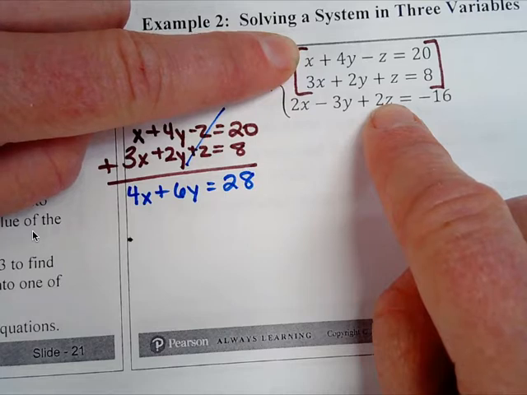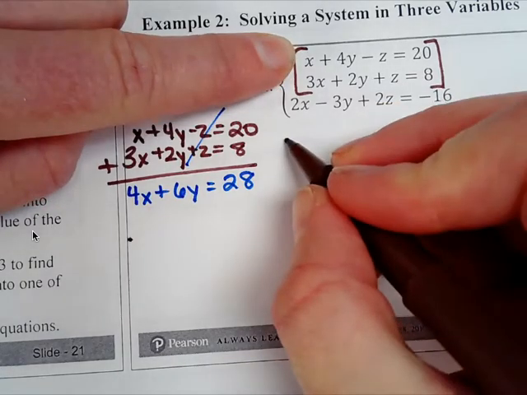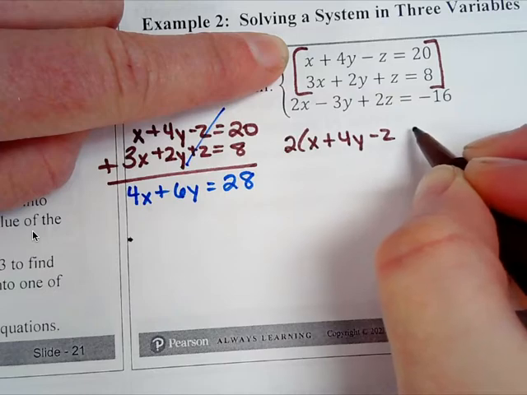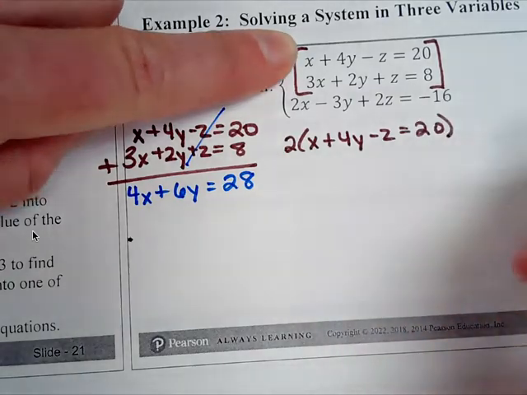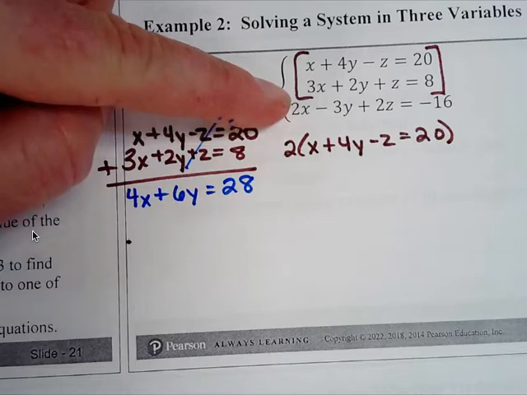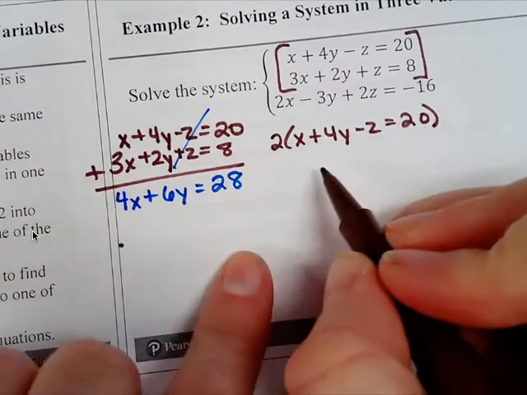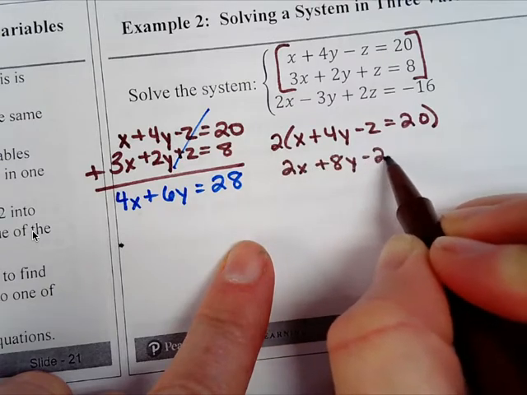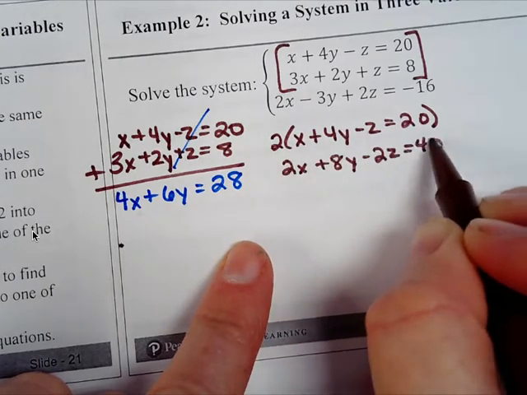No, because I wouldn't get rid of Z's, because whenever you add it, you would get a 1Z. So I'm going to multiply this first, and then I'm going to add it to my third. So this is 2x plus 8y minus 2z equals 40.